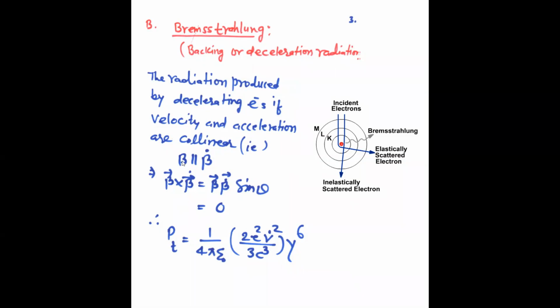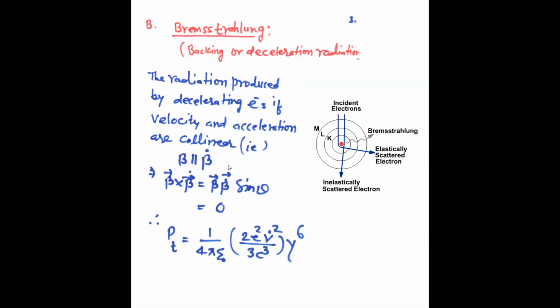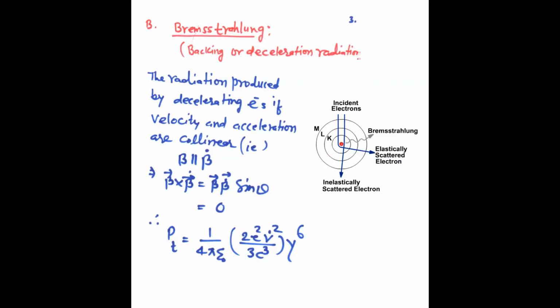So in this case, beta, that is relative velocity, and beta dot, that is relative acceleration, both are parallel to each other. So the angle between velocity and acceleration is 0 degree. So the term beta cross beta dot, by the definition of cross product of two vectors, will become beta beta dot sine theta.